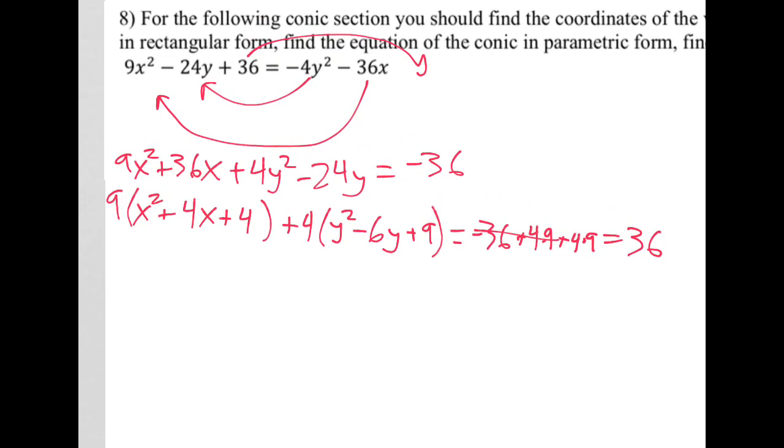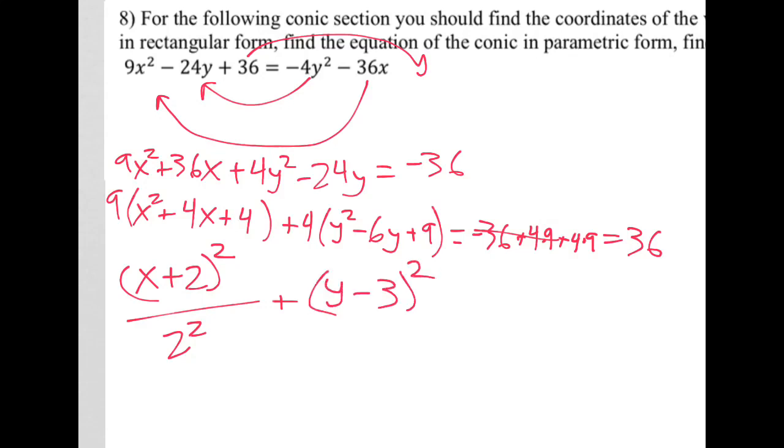So 9 over 36, well, how about you think of 36 divided by 9? 36 divided by 9 is 4, which is telling me that this completed square, x plus 2 quantity squared, needs to have a denominator of 4, so I'm going to write that as 2 squared, plus 36 divided by 4, well, that gives you 9, and so that completed square is y minus 3 quantity squared divided by 9, or 3 squared. And that equals 36 over 36, which is 1. And so I have the equation in rectangular form.